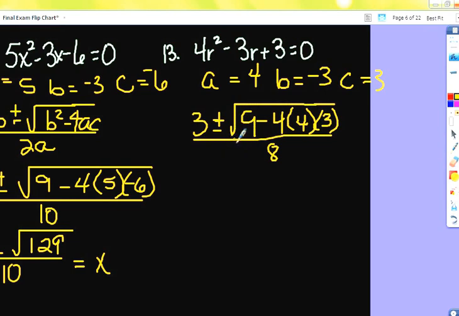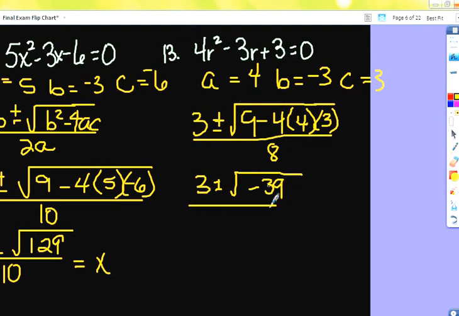All right, now as I look underneath that radical sign, I'm going to notice that I only have 1 negative. So I get a feeling that I'm going to have an imaginary root here. Let's do this. 9 minus 12 times 4 or 16 times 3 is 48. So 9 minus 48 is going to equal negative 39.